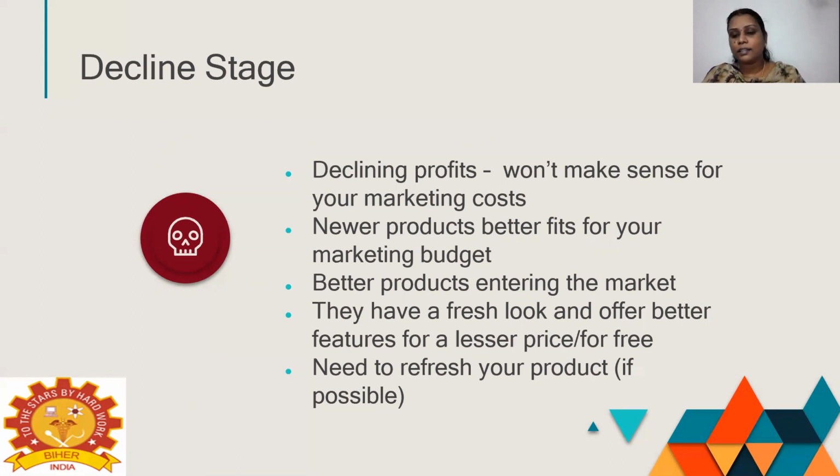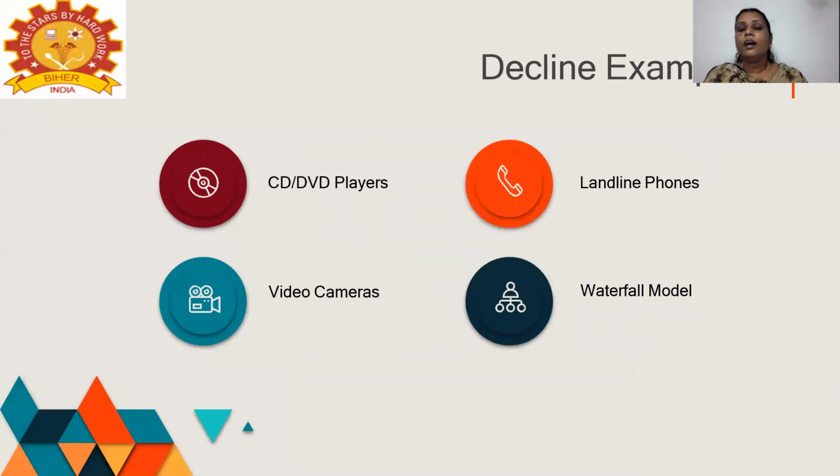So these are distinct examples of decline: CD or DVD players, video cameras, landline phones, and the waterfall model. These are the examples of the decline stage.